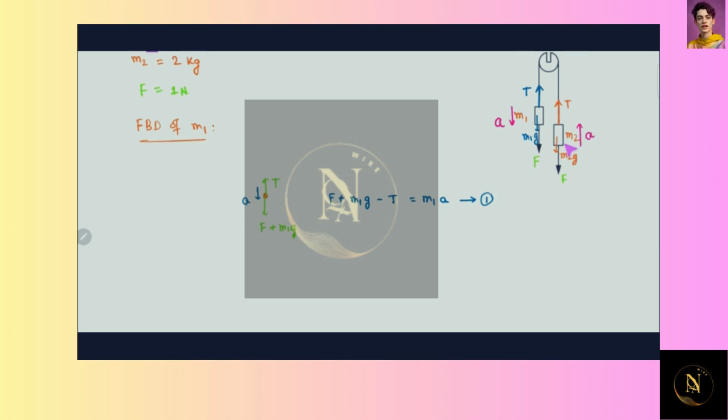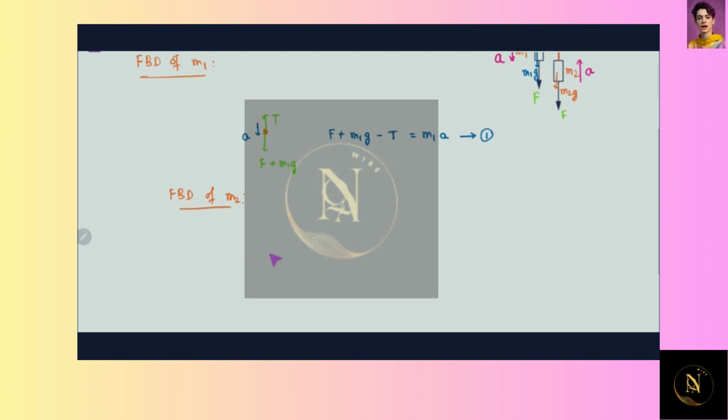For the second block, I can again draw the free body diagram. So FBD of M2, we can replace this M2 mass by a point.